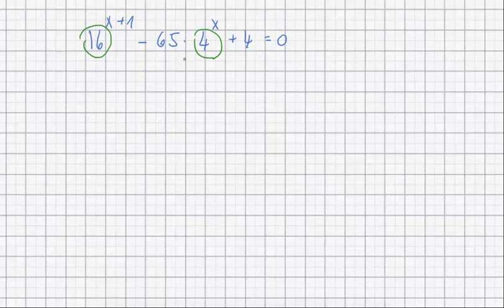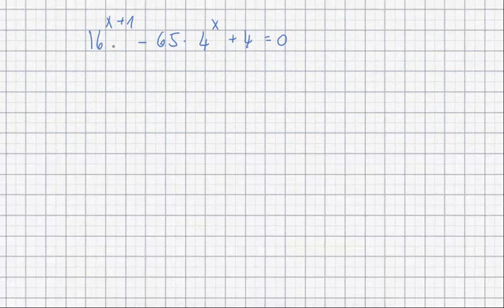That's the idea. So how can we do that? Either convert the 4 to be 16 by the power of something, or convert 16 to be 4 by the power of something. We should convert 16 to 4 to the power of something.